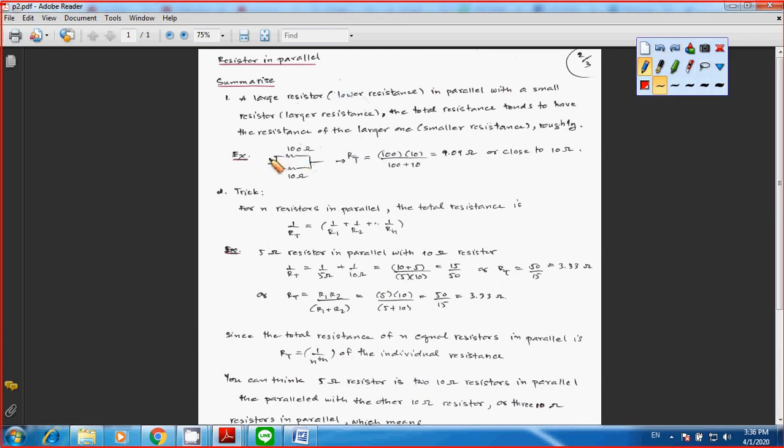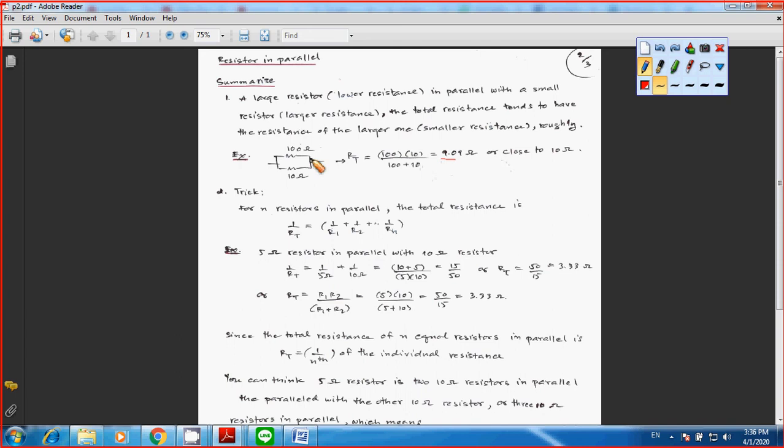When you have two resistors in parallel, for example, 100 ohms and 10 ohms connected in parallel, your total or net resistance is going to be the product, 100 times 10, divided by 100 plus 10. So that gives you 9.09 ohms.